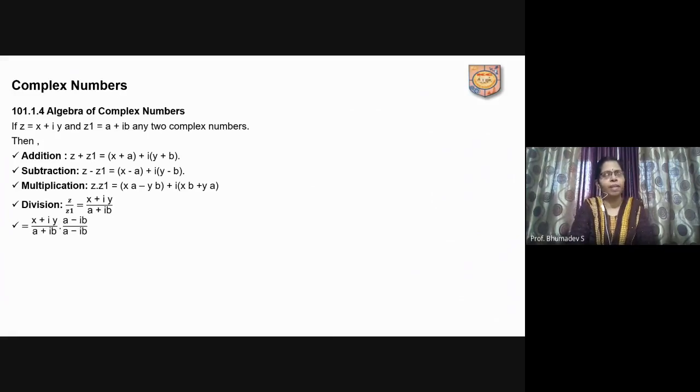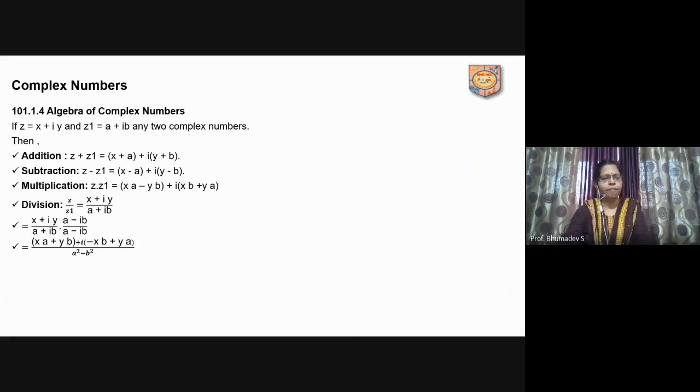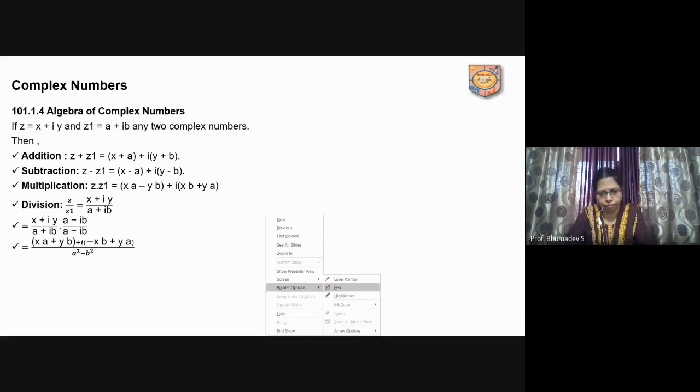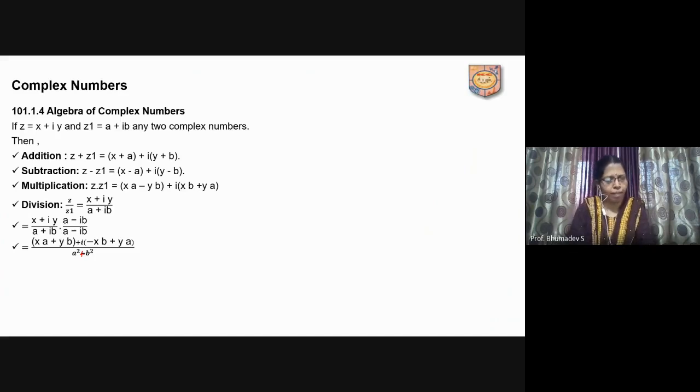So multiply and divide by the conjugate, which is a minus ib. When we do that, we will have xa plus yb, plus i into minus xb plus ya, upon a square plus b square.